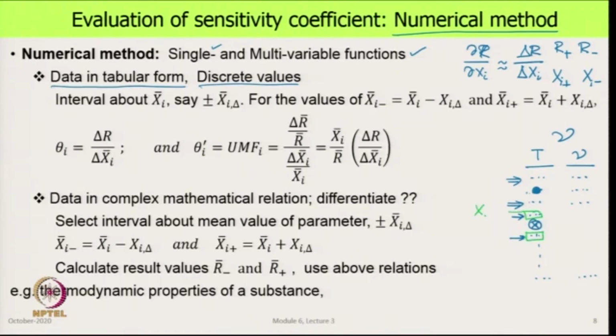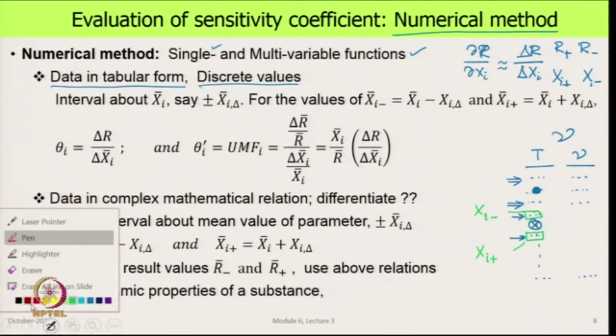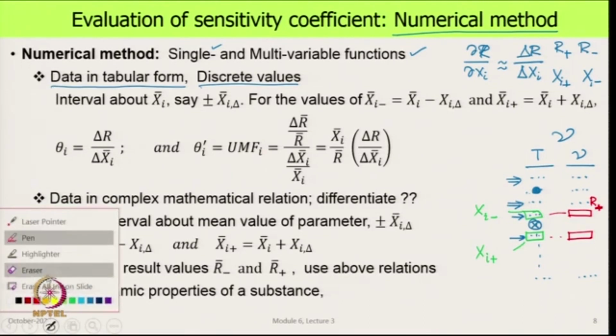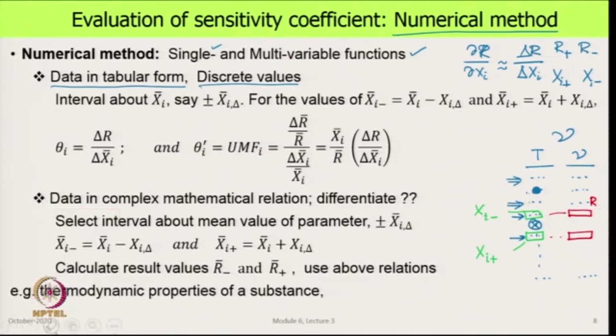So, this is my xi minus, this is xi plus. And corresponding to this, we have this value of the result nu. So, this becomes r plus, this is r minus, and this value becomes r plus.